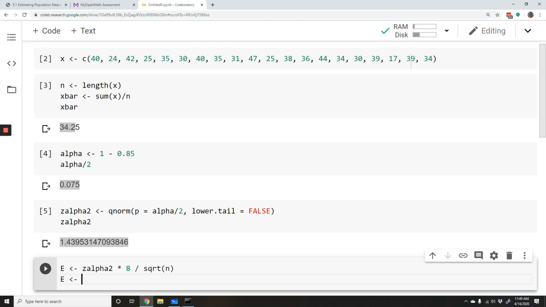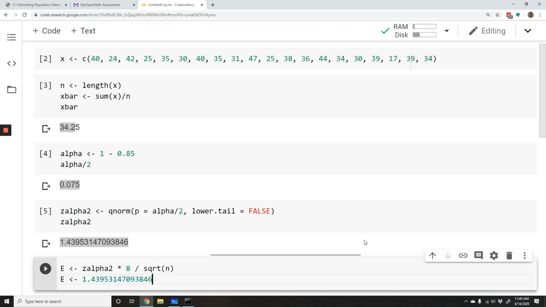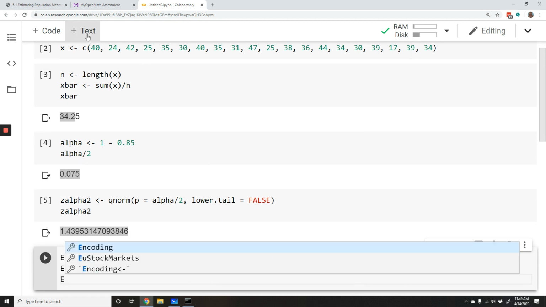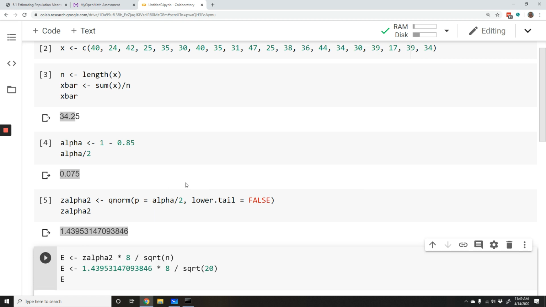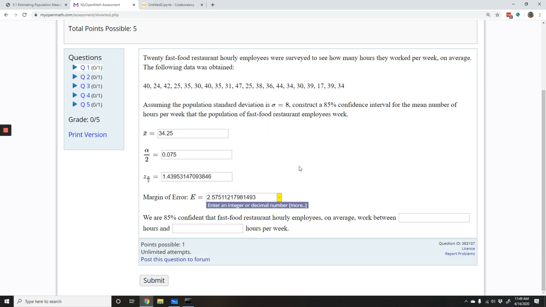So if you just copy and paste the numbers, z alpha over 2, we calculated right here, 1.4395 times our standard deviation of 8 divided by the square root of n, which we know from earlier is 20. So either way you do it, it's going to come out the same. So if I run that, my margin of error is 2.575. So copy that, paste it into the solution for the margin of error.